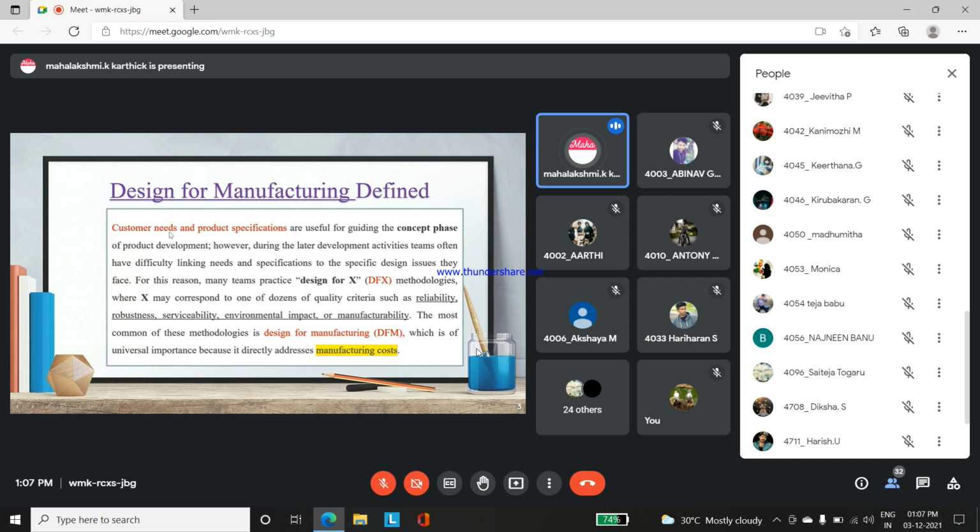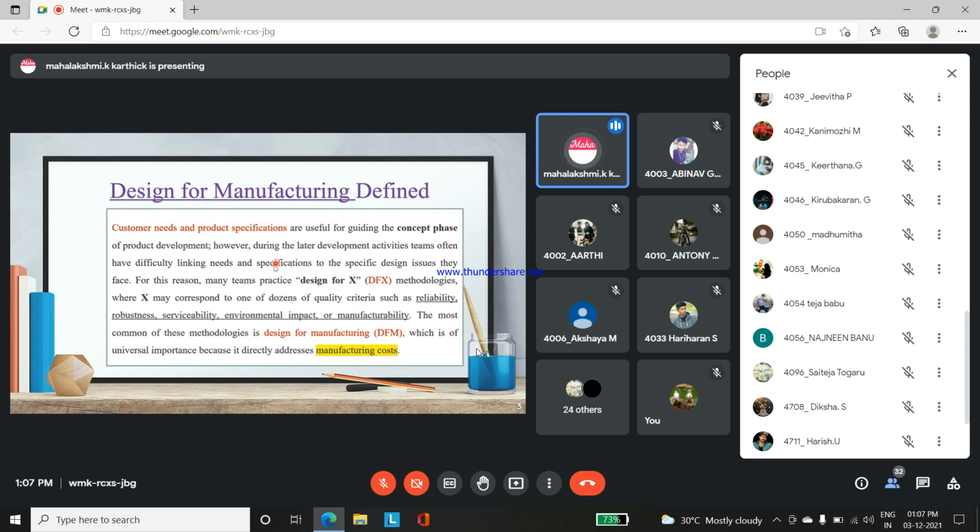So when you are considering these 2 factors as a guide, while undergoing the development activities, the team may identify that some customer needs are not satisfied, some difficulty in linking the needs, some difficulty in specifications, or specific design issues that have to be kept in mind have not been properly defined.